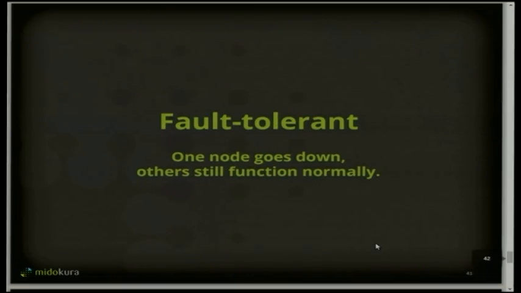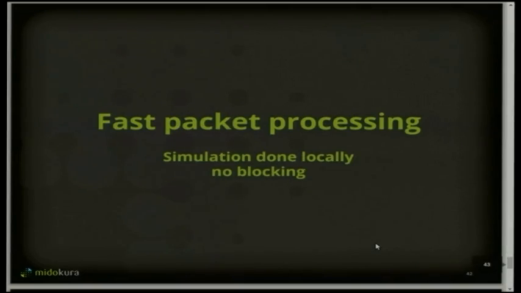Then it's fault tolerant. If one agent goes down, that machine will go down, but the network will not go down. There's no single point of failure, and even if a node goes down, the rest of the network still functions normally. And for fast packet processing, we came a long way.